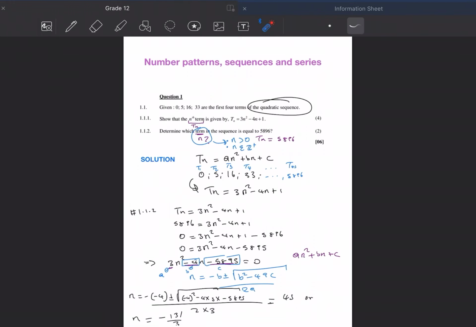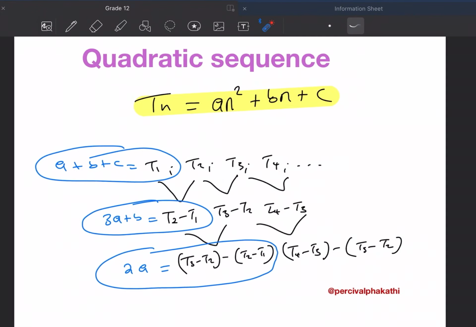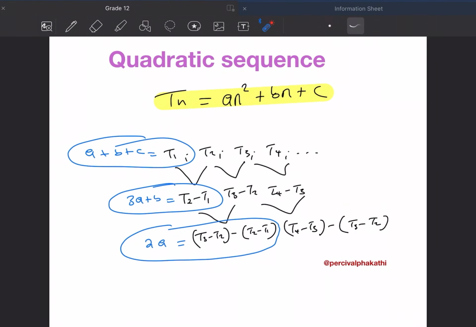You get your full 6 marks. Easy quadratic equation, but just a revision on what we've learned here. You've learned that for the quadratic equation, you have your Tn. Tn is equal to an squared plus bn plus c.